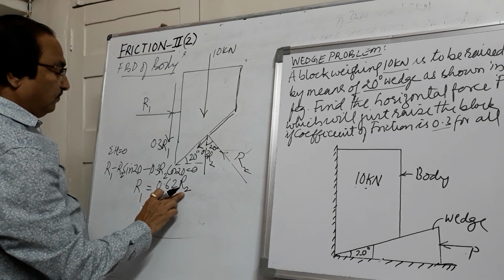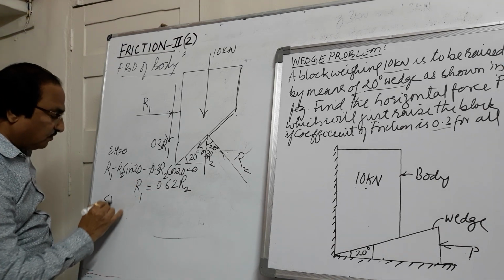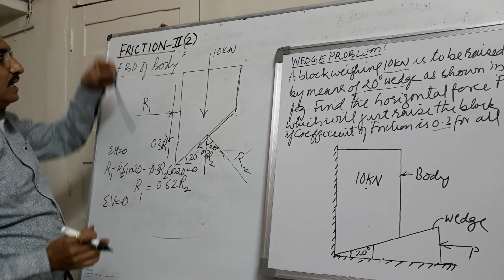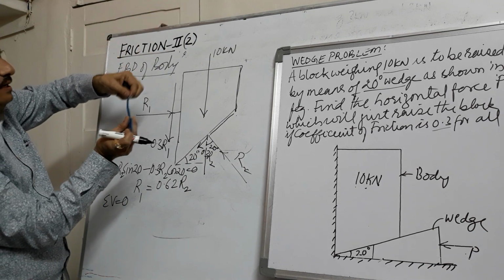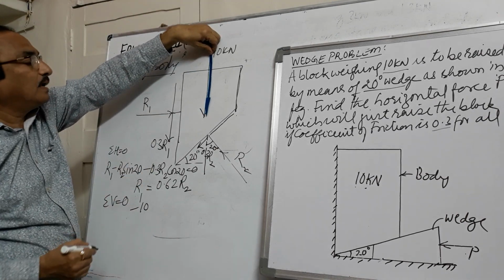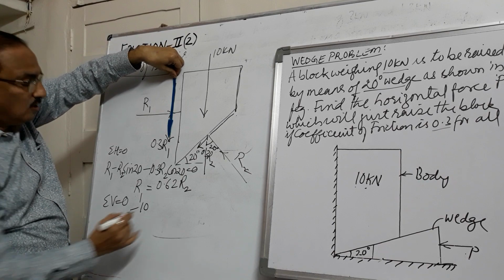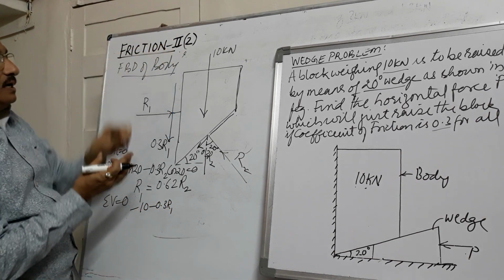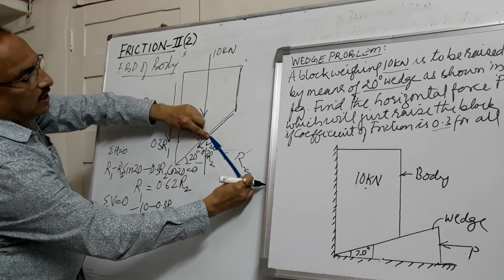Now here we can find out R1 also. Now we will resolve the forces vertically. Sigma V equal to 0. If I resolve the forces vertically, this 10 kilonewton is acting vertically down. Down is minus. So minus 0.3 R1. Now coming to this force R2, it is perpendicular.